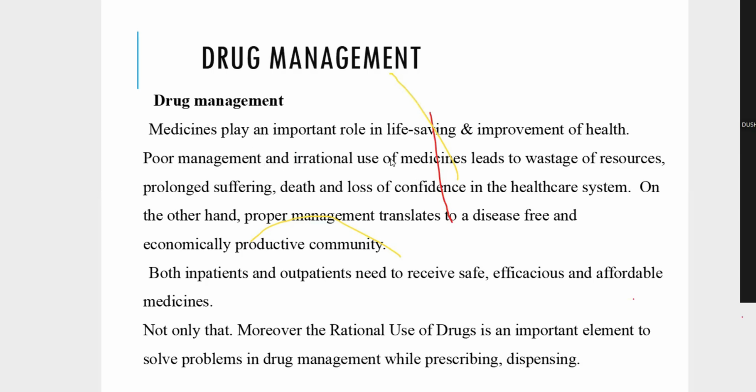When they are poorly or irrationally managed, they can lead to wastage of resources, prolonged suffering, death, or loss of confidence in the healthcare system. That is the reason why proper management translates to a disease-free and economically productive community.